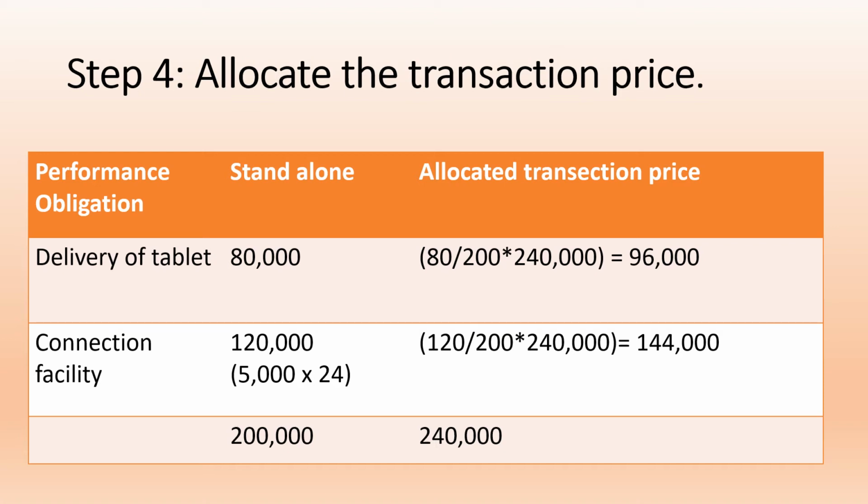In this question, the standalone prices are 80,000 for the tablet and 5,000 per month for the connection facility for 2 years, which means 24 months, altogether giving the connection facility standalone price as 120,000 rupees. So the total standalone price is 200,000 rupees.